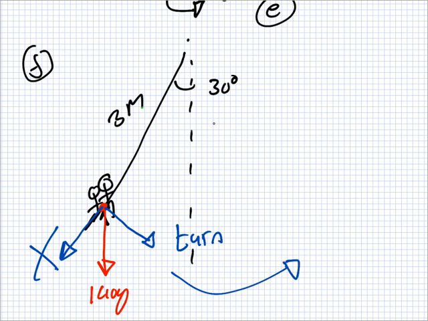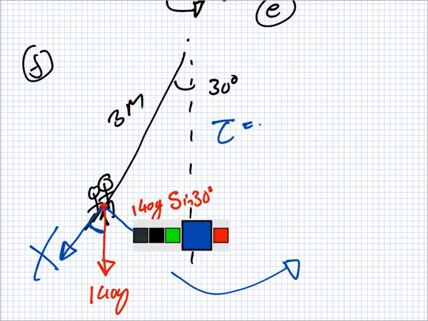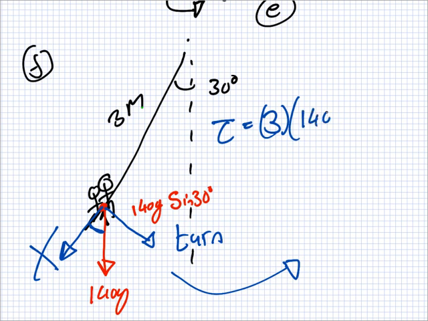So if we calculate the turning force as the force by the distance, we need to work out what this is. If that's 30, can you see that that's 30? So this one here would be 140 G sine 30. So the turning force is 3 meters multiplied by 140 G sine 30.